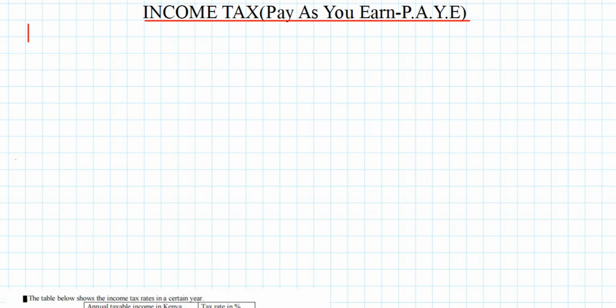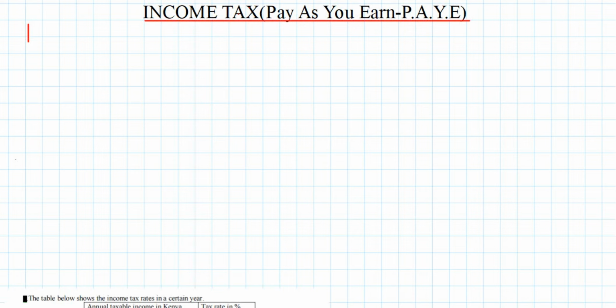So before we solve the questions on income tax, we need to look at some terminologies that we use when it comes to income tax. Note that income tax is a tax that is paid by employees, and that is why it is called pay as you earn, otherwise abbreviated as PAYE.